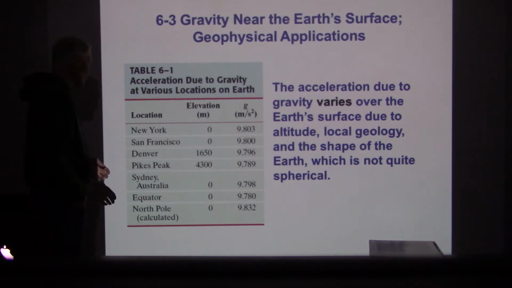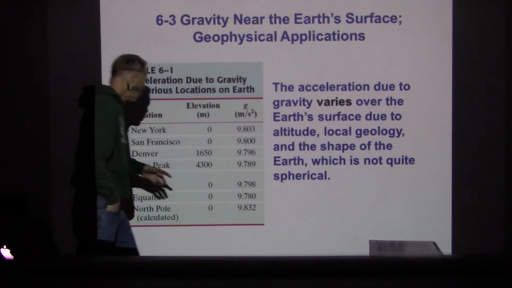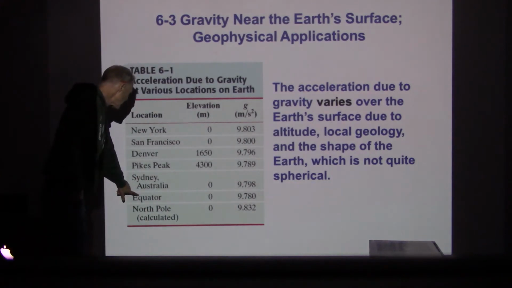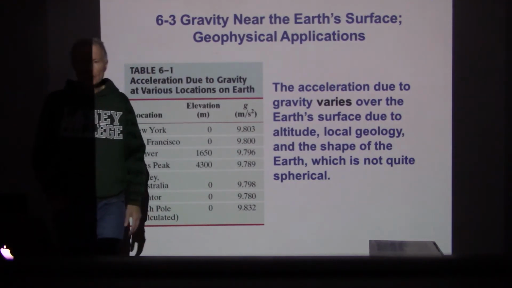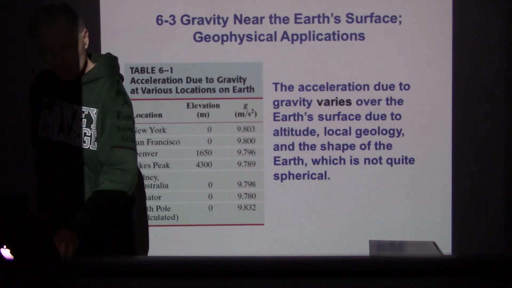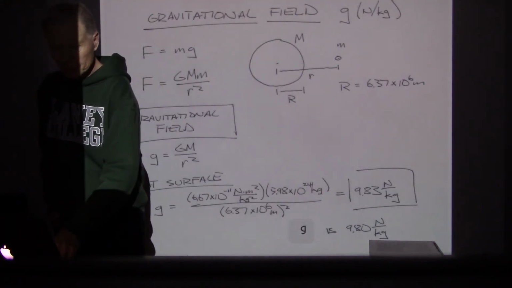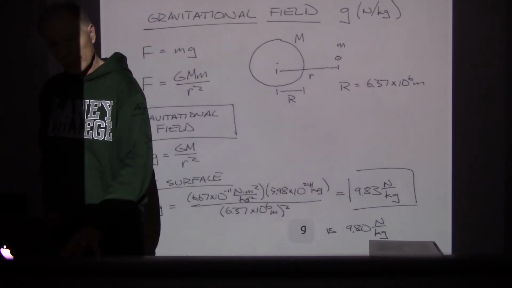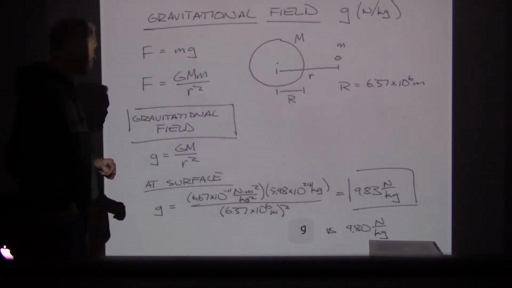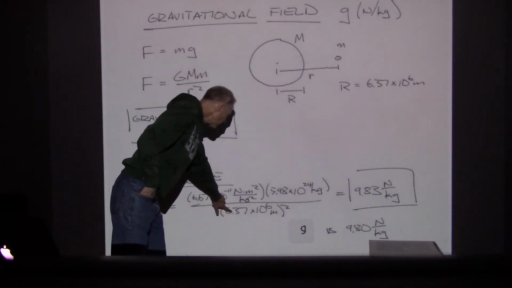Let's see what else we've got. At the equator, this is measured to be 9.78. Now, I'm not sure how much of that is due to the radius. It could be that I'm using 6.37.